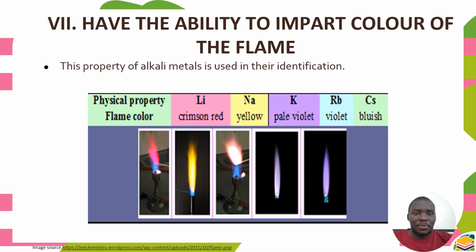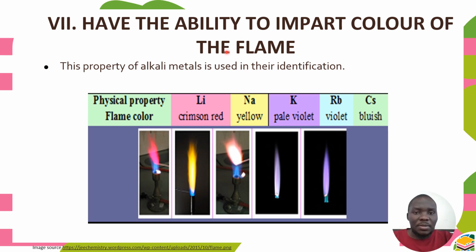So let us start. Remember we started looking at other properties of group 1 elements. We're going to continue with property number 7; we covered almost 6 properties. They have the ability to impart color to a flame.